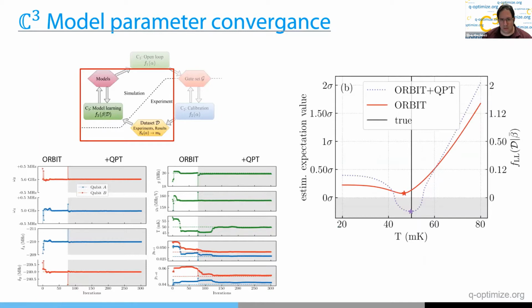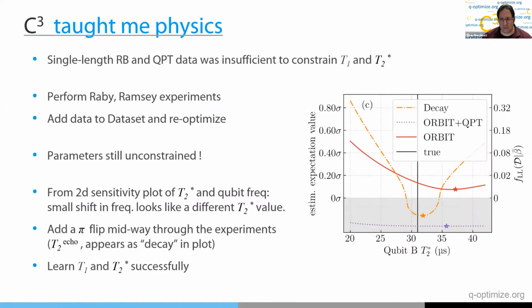Now, I'll skip that and go to this. Okay. It turns out that this whole process of optimal control, calibration, and model learning sometimes captures aspects of physics that we forgot about.